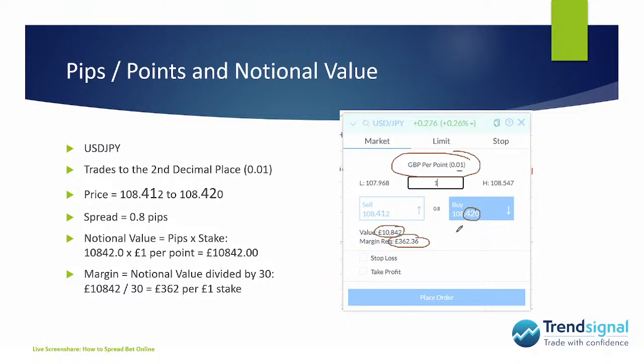So if you're sitting there thinking, oh God, I put in 10, or I didn't know the decimal point was there, and you look at your margin requirements suddenly being £3,000 instead of 300, you know that there's something not quite right. It should give you a little bit of a red flag to help you do it the right way.